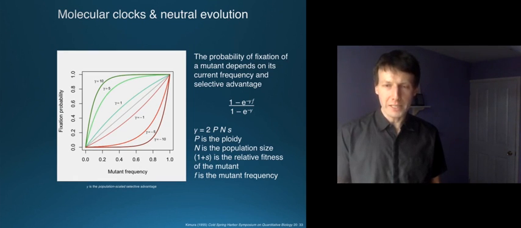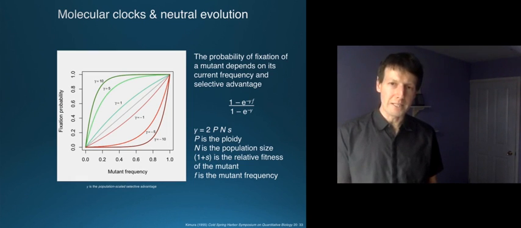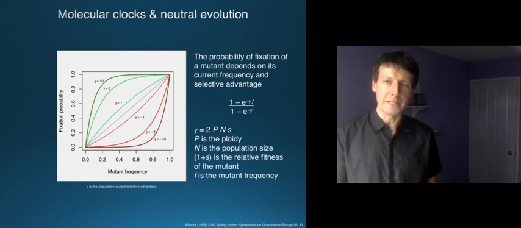Now, if you take substitutions back to the level of within populations and apply population genetics to predict how quickly sequences will change over long periods of time, then the quantity of interest is known as the fixation probability.